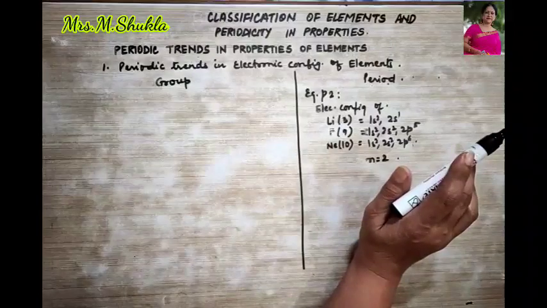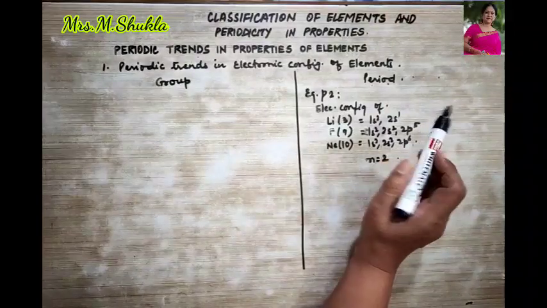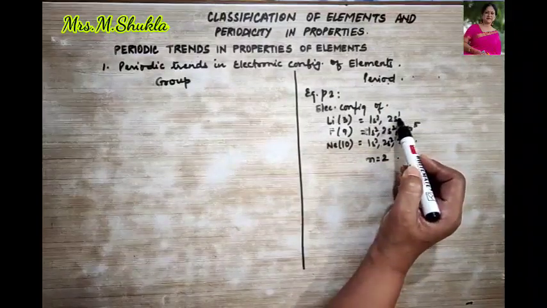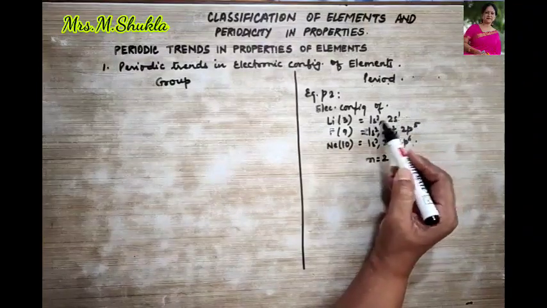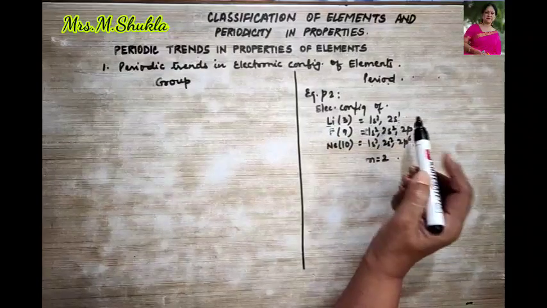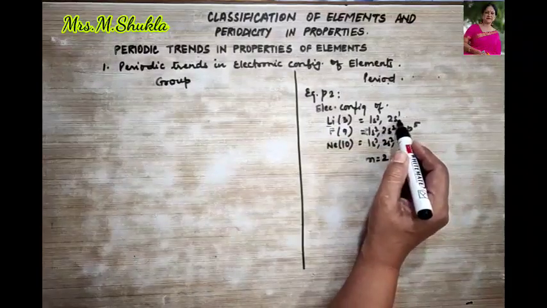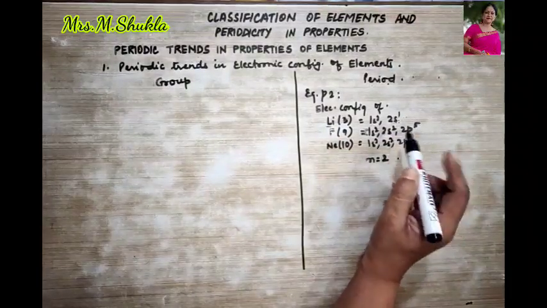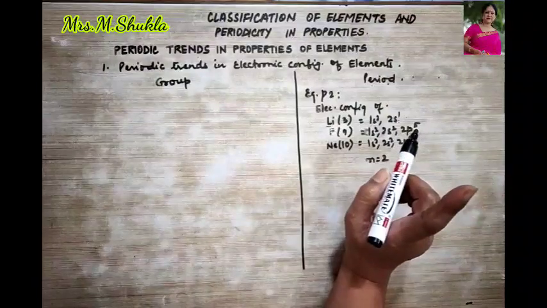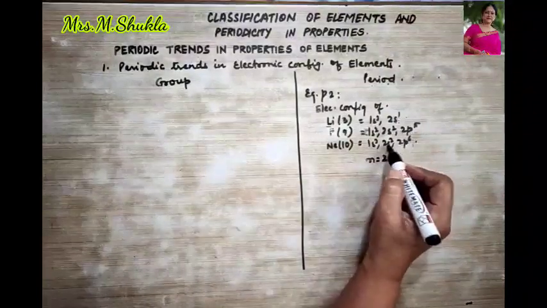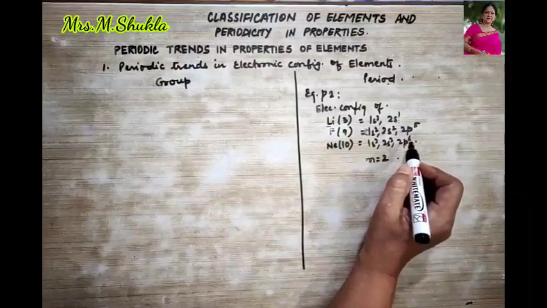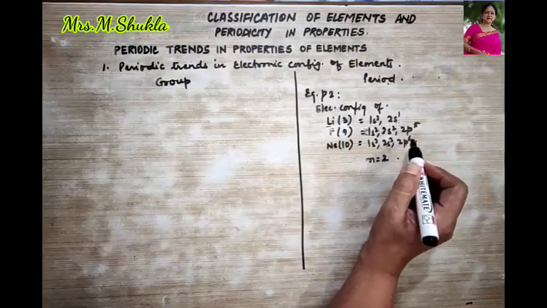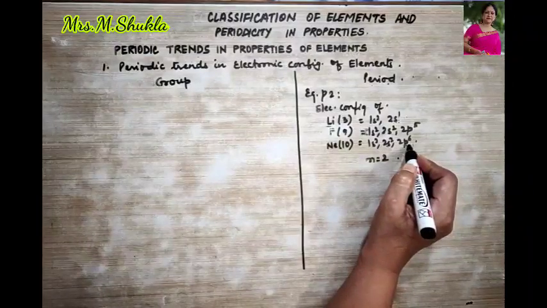The first element always contains 1 electron, ns1, in its valence shell, and therefore this belongs to which group? This is your alkali metal. The last element contains 8 electrons, that is ns2 np6, in its valence shell, then this is your noble gas.